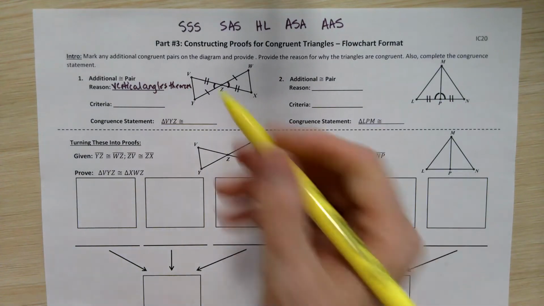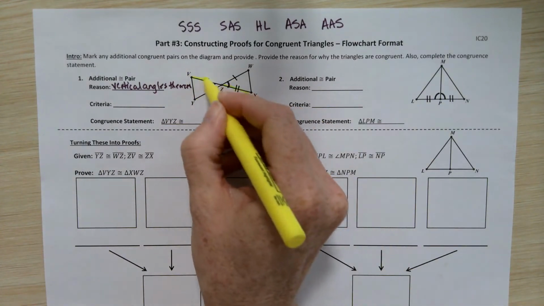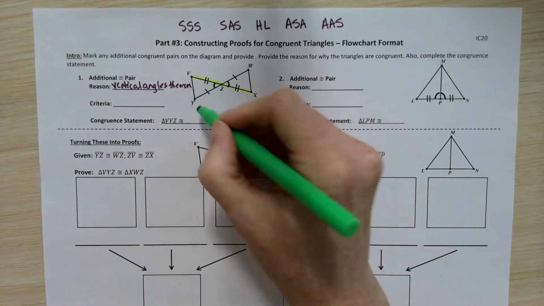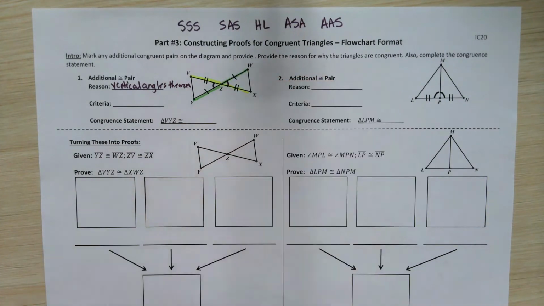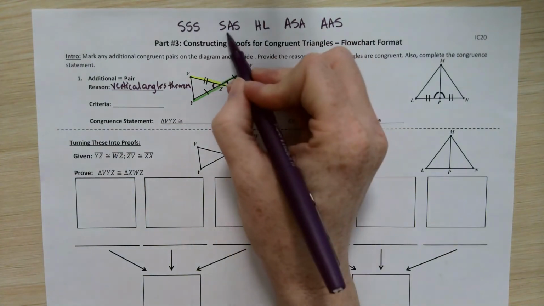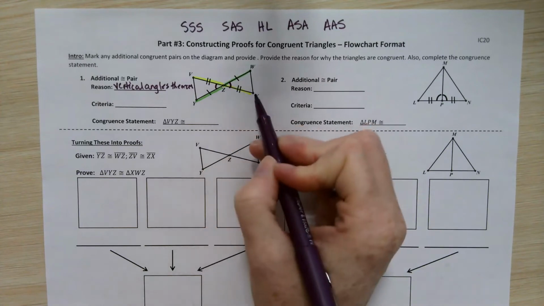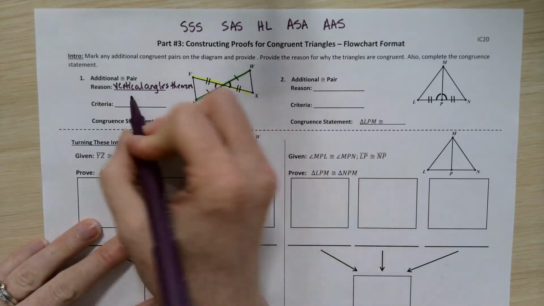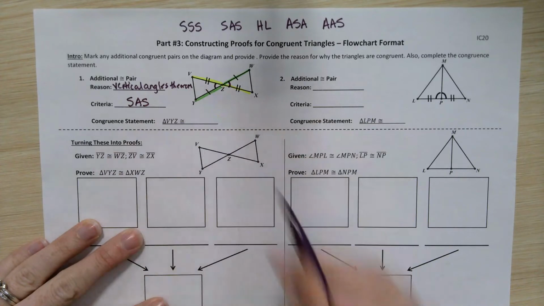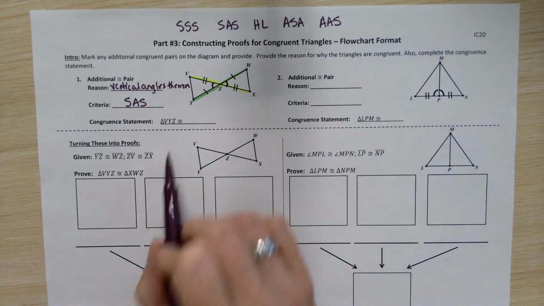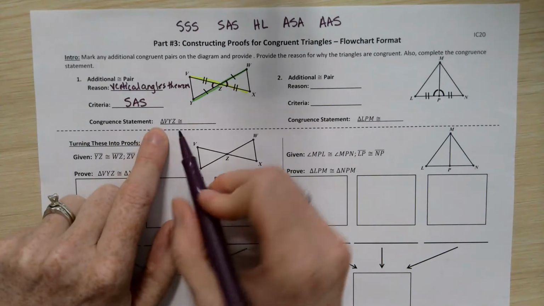So as long as I double check, I'm going to color code these with yellow and color code these with green. As long as I double check that that angle is included between the congruent sides, which it looks like it's where the yellow and green intersect in both triangles, then this will be a side angle side pair of congruent triangles.